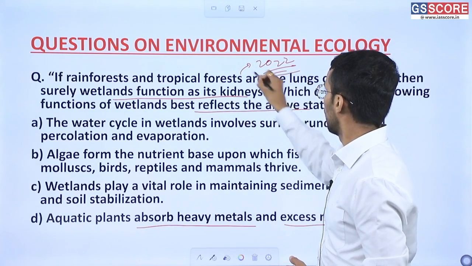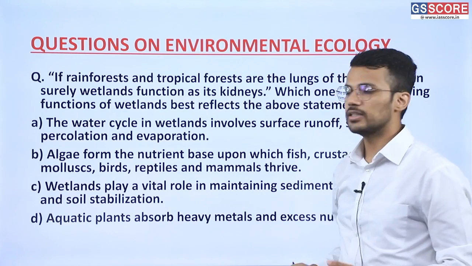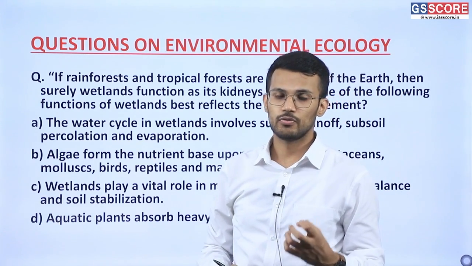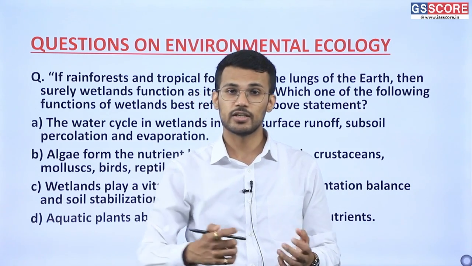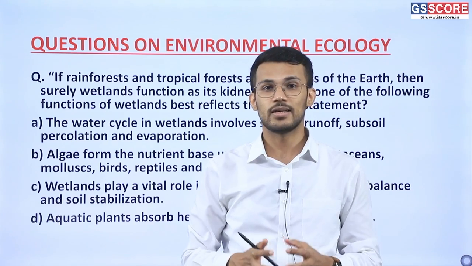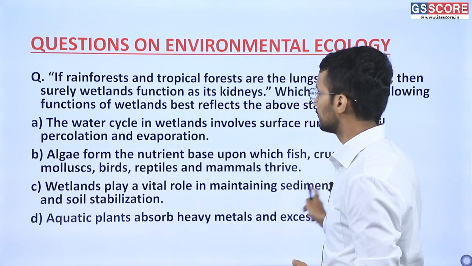So this was the question of 2022, right? So that is about environmental ecology, a very important chapter under environment and ecology, because this chapter can be considered a foundation to understand this particular subject, right?